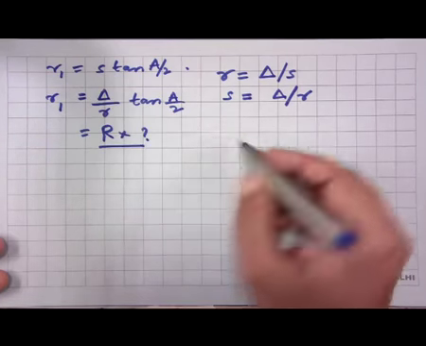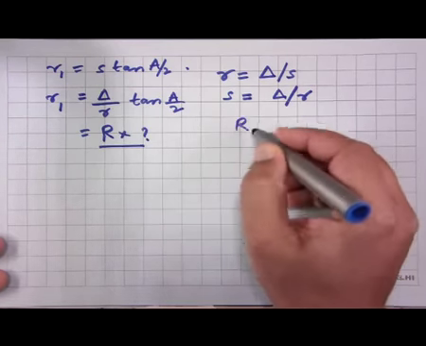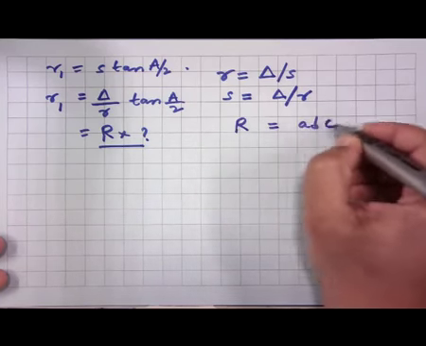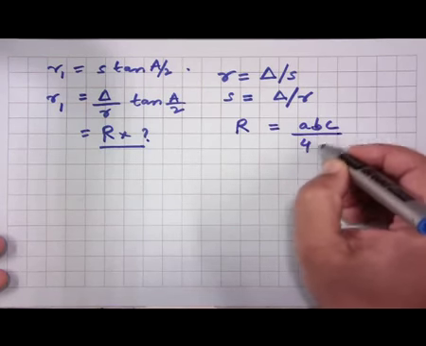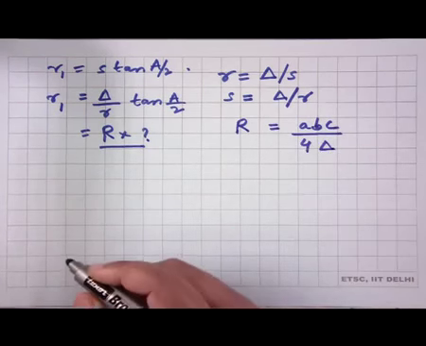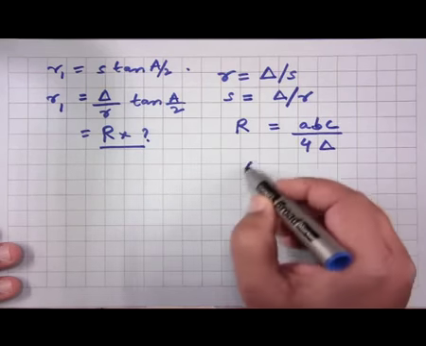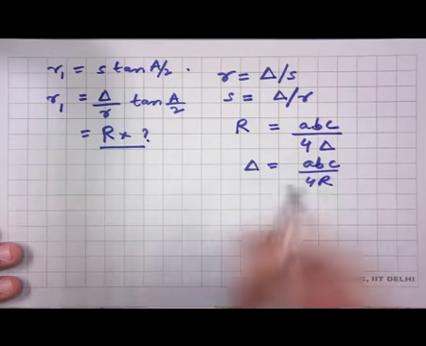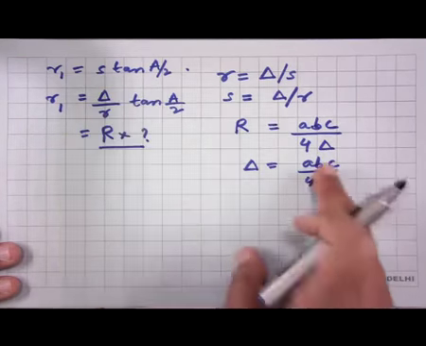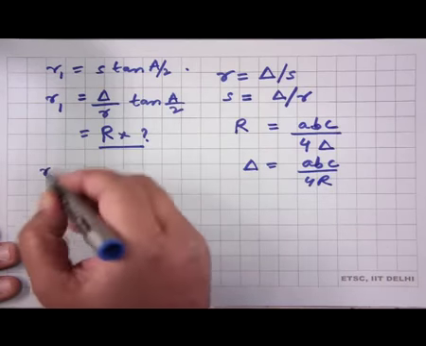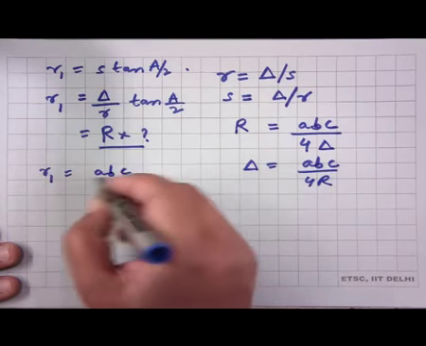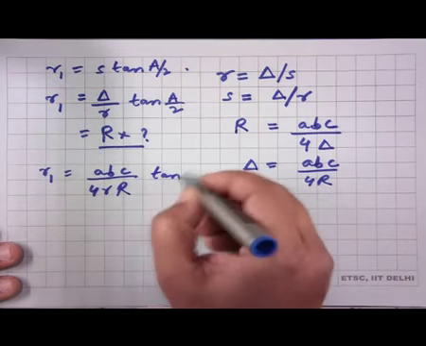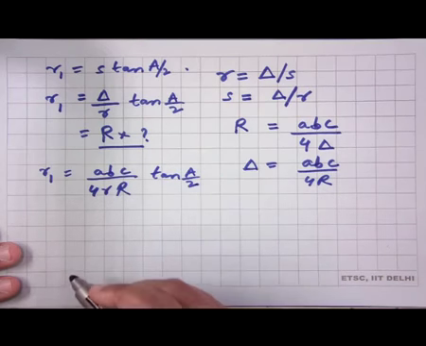Further, we also know that the circumradius of the triangle ABC is equal to the product of the sides divided by 4 times the area, or alternatively the area is equal to ABC by 4R. So if we replace this delta by ABC by 4R, we get R1 is ABC by 4R into tan A/2.